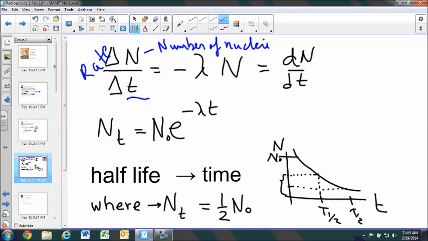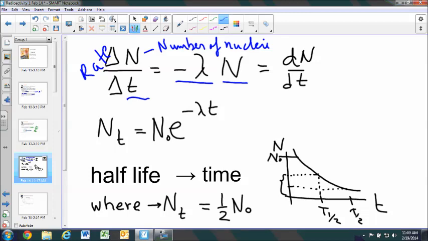So you have time here. So the rate of the reaction, how many are you losing, will be proportional to the number of nuclei that you have. And the way of fixing this proportionality as an equation is to include a constant of proportionality that in this case I am just calling lambda, right? So the rate of the reaction is proportional to the concentration here, to the abundance of the nuclei.